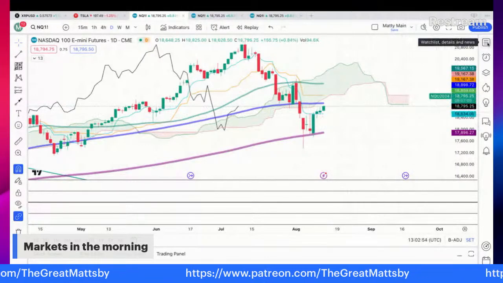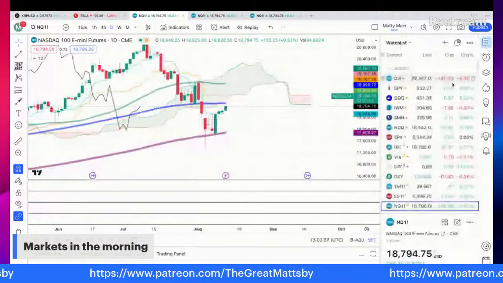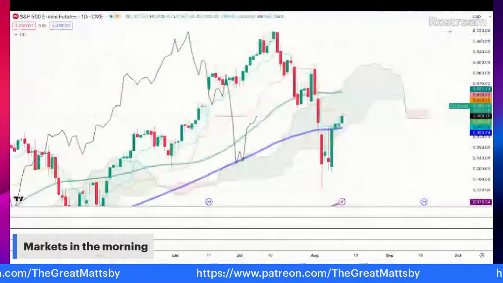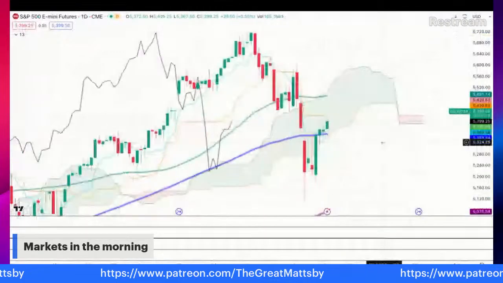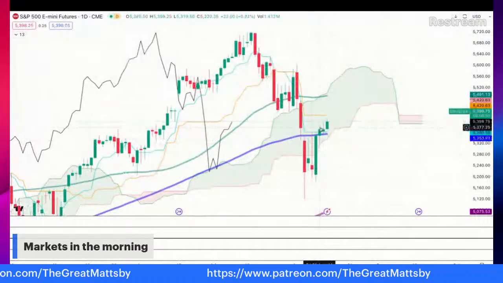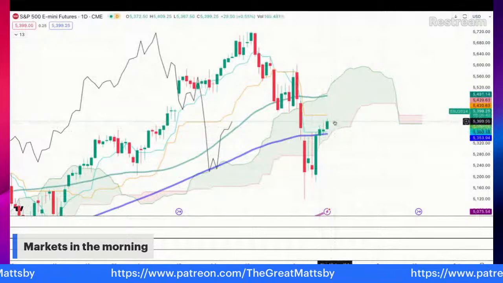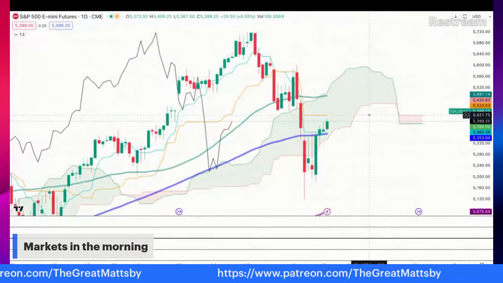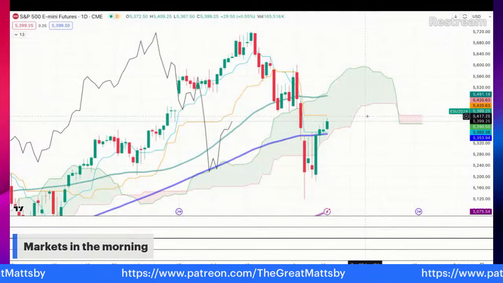And let's go take a look at the S&P futures here. They look a little bit better, right? The price here is already on the daily chart back in the cloud, and it's on its way up to the 5420 level for the S&P 500 E-mini futures.